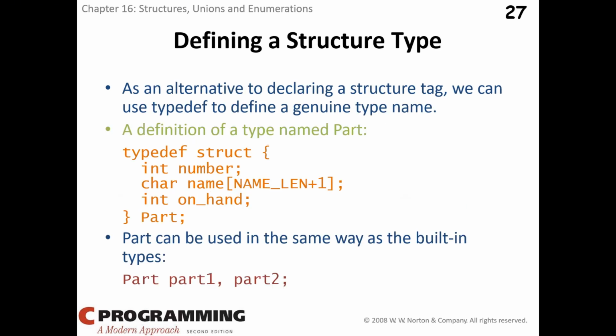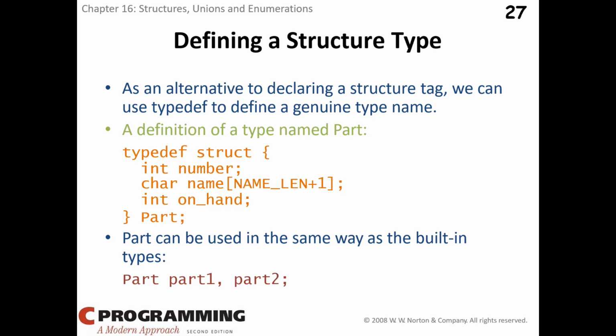Now, instead of declaring a structure tag and then using it to declare variables, we can use typedef to define a genuine type name for a structure. For example, here in the slide, typedef is used to define a new type named Part, which represents the structure containing members for a part number, name, and the quantity on hand.